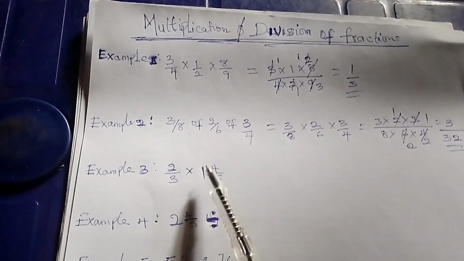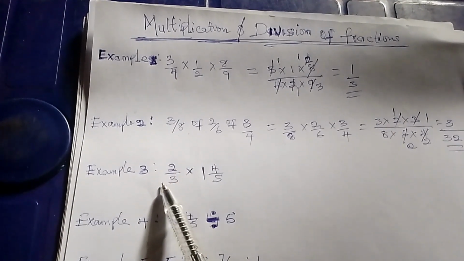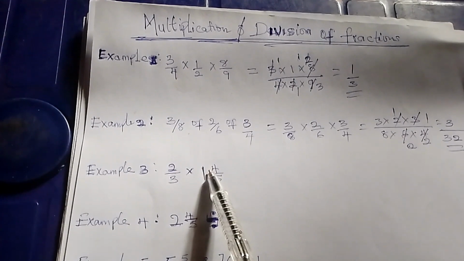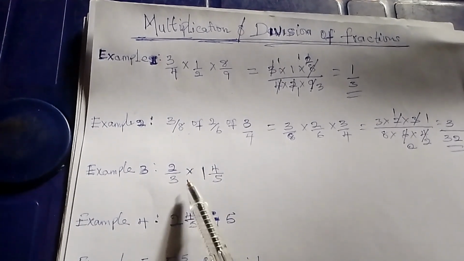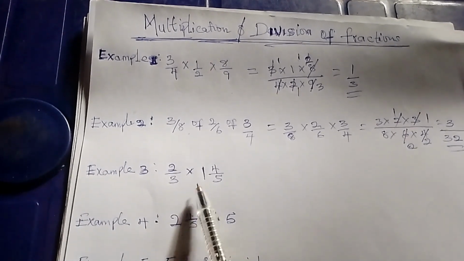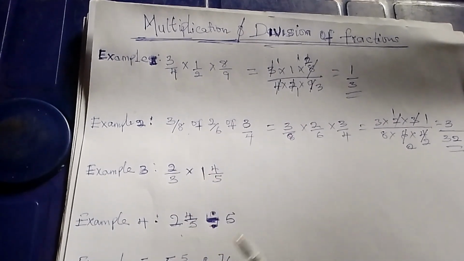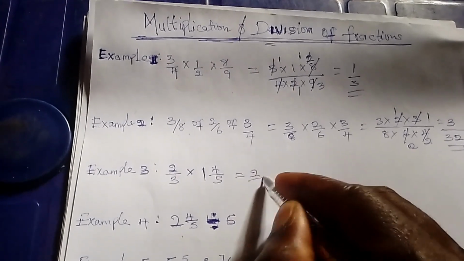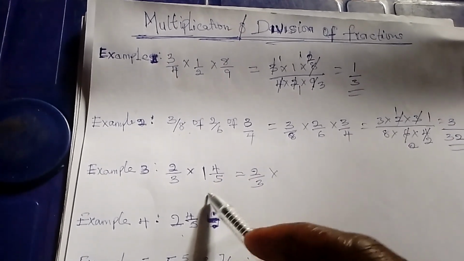Remember, this is not addition anymore, where you can evaluate directly without changing to an improper fraction by adding or subtracting the whole numbers. But this time around it is multiplication. So the only remedy is we convert this mixed number to an improper fraction. So we go by 2 all over 3 multiplied by, how do we convert?